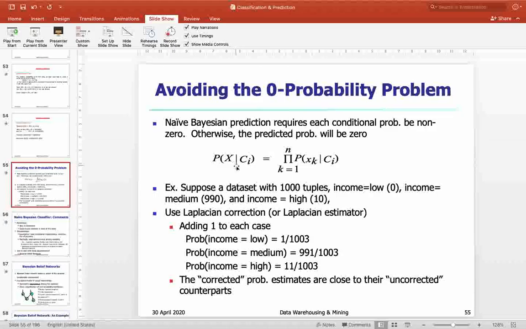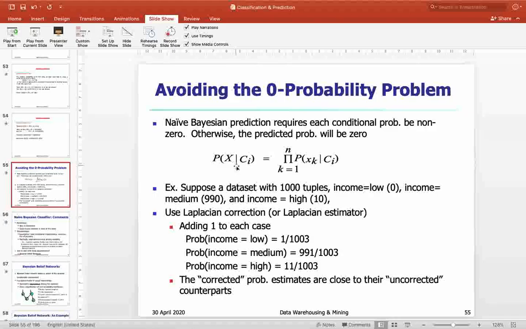Suppose we have q counts to which we add 1 each, so we must remember to add q to the corresponding denominator.